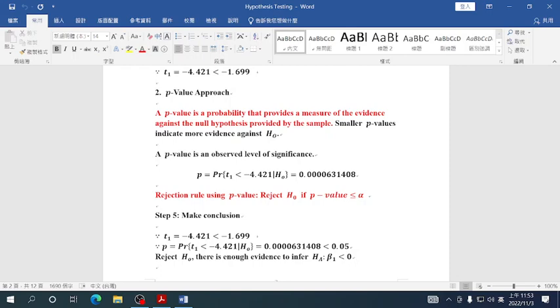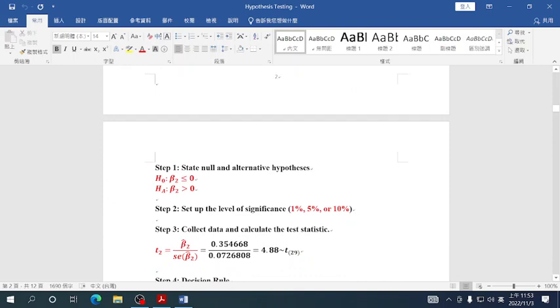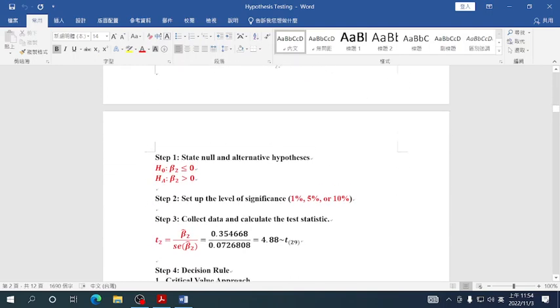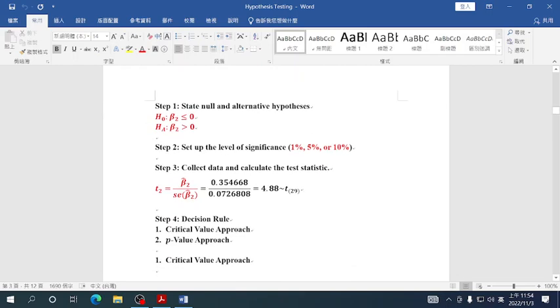Well, let me show the result here, okay? For beta 2, I think step 1 and step 2 have no problem, right? And t2 is positive 4.88. And again, this is 29 degrees of freedom, since we're working with the same regression. Just a different beta.